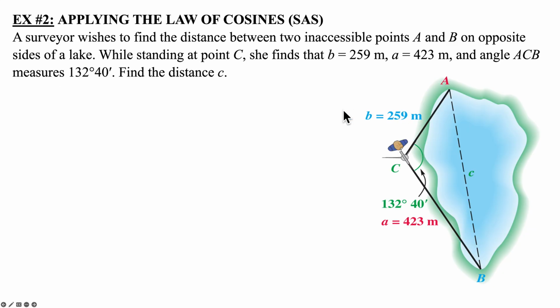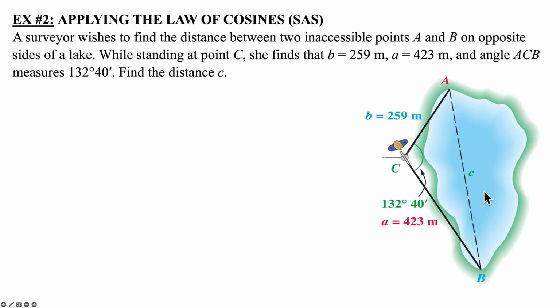Next example. A surveyor wishes to find the distance between two inaccessible points. Point A and point B are on opposite sides of the lake. While standing at point C, she finds that B is 259 meters, A is 423 meters, and the angle that is formed when taking those measurements is 132 degrees 40 minutes.